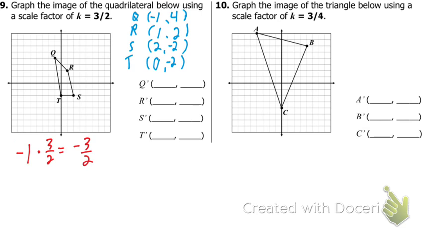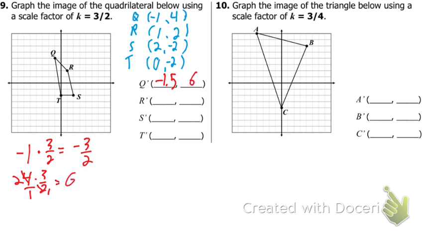Now, if you want, it may be easier to put it in decimal. So -1.5. Sometimes it's helpful to do this multiplication off to the side. What is 4 times 3/2? Put the 4 over 1 maybe? It is 6.